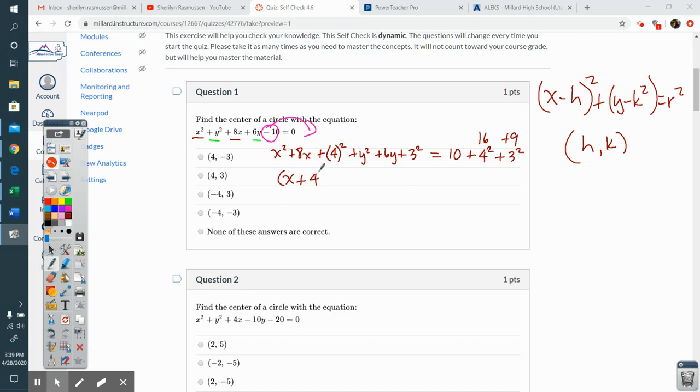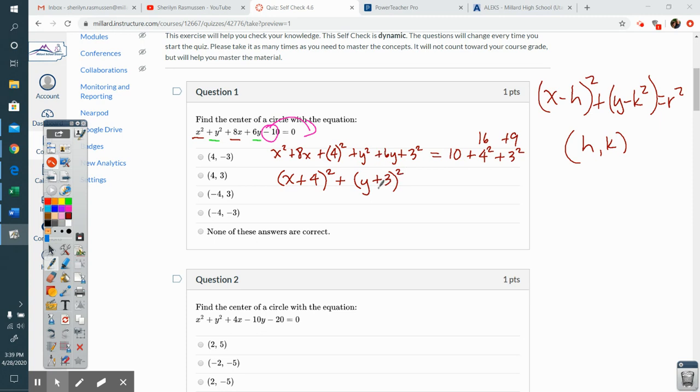So that's x plus 4 squared. And on this side we have y plus whatever number it is before you squared it, so plus 3. It's all pluses because they're all pluses here. They'd be negatives if there was a negative in here.